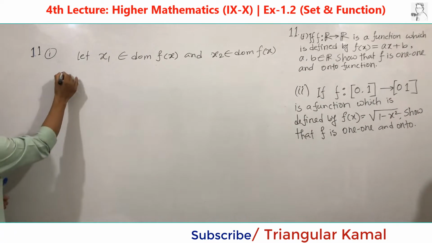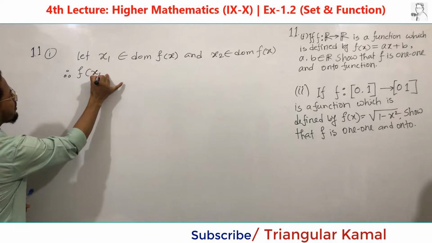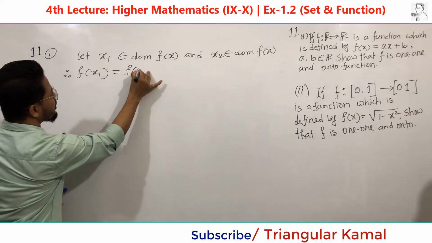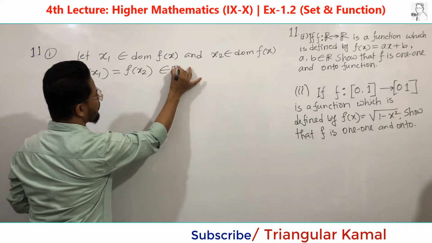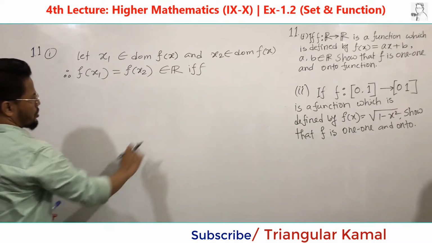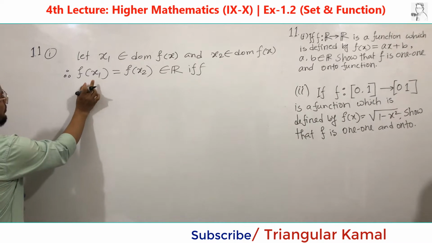So now f of x1 equal f of x2 is an element of R if and only if. The double arrow always indicates if and only if this condition.